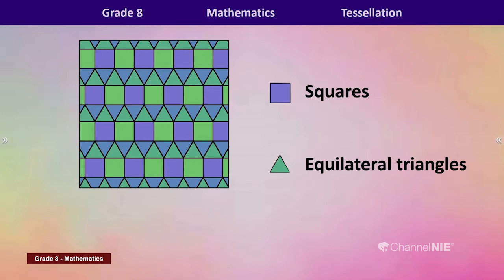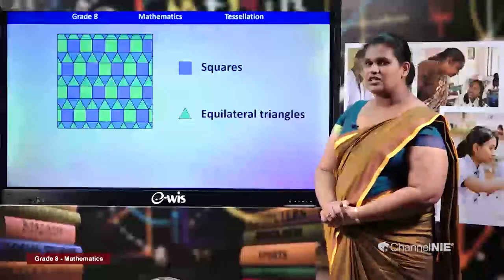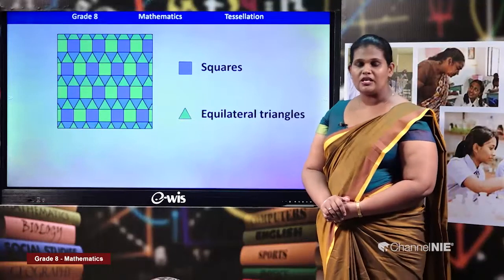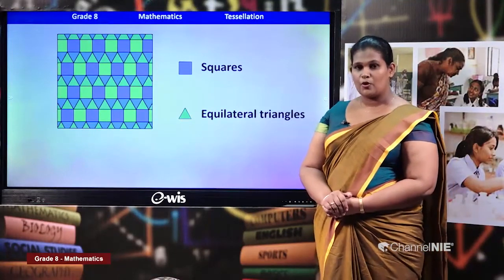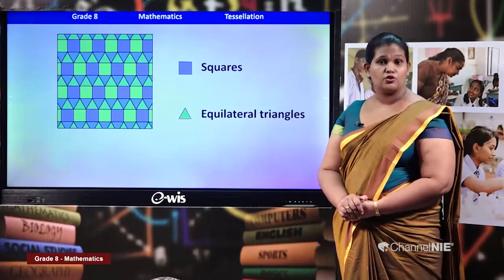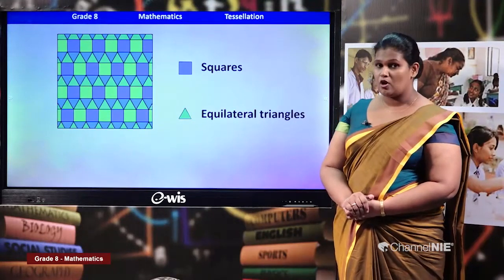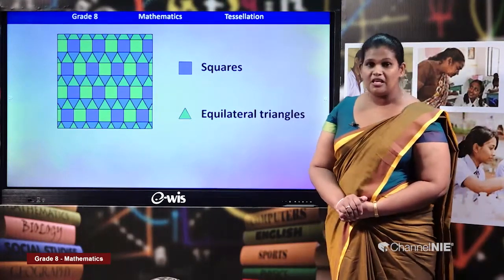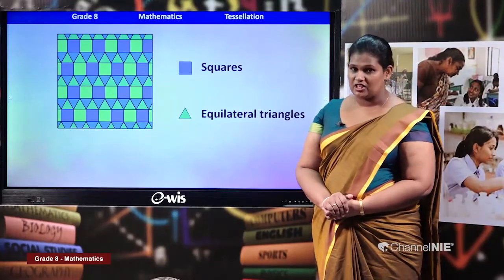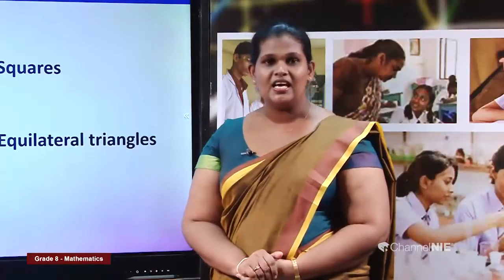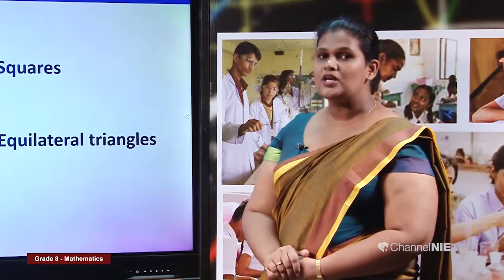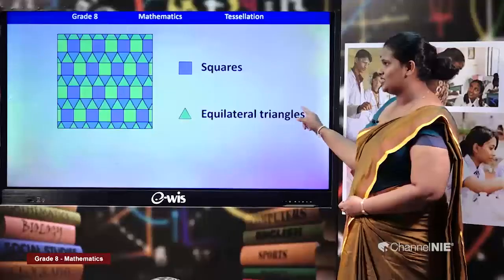Now we can say throughout this tessellation we have used two different shapes. Therefore, if you have used two or more different shapes, it belongs to the type of semi-pure tessellations. Therefore, we can say this is an example for semi-pure tessellations.